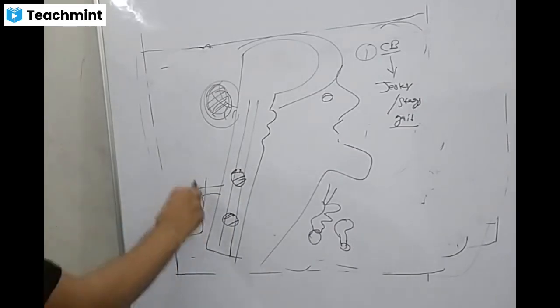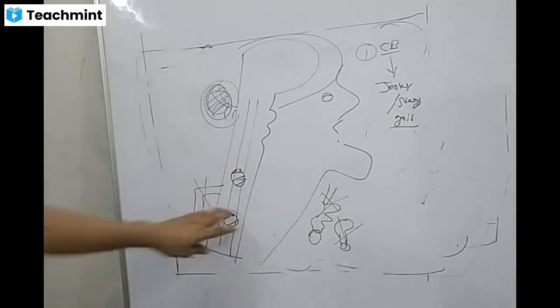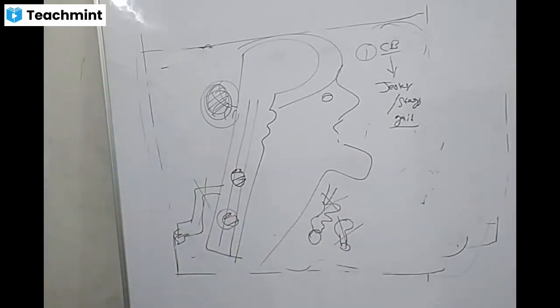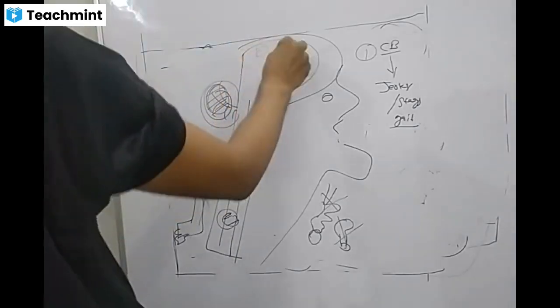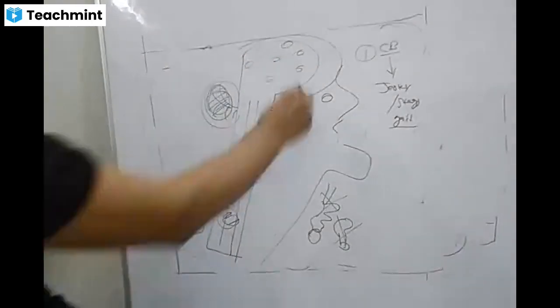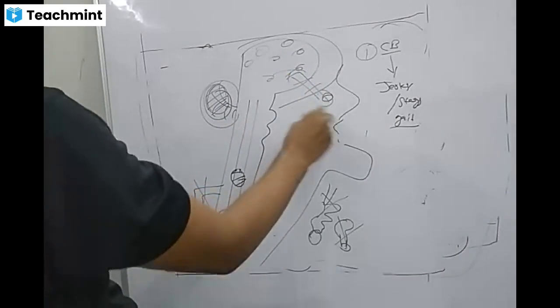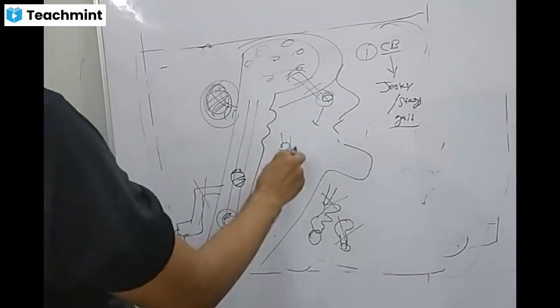So all these structures get paralyzed if the cyst is present at the site of spinal cord. If the cyst is distributed like this, scattered, that may lead to pressure on the optic nerve, and that may lead to blindness.